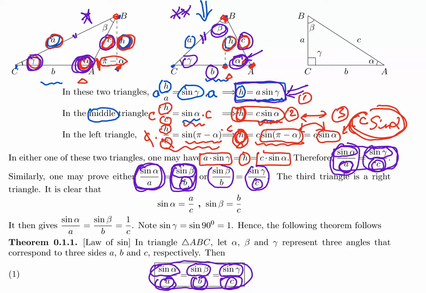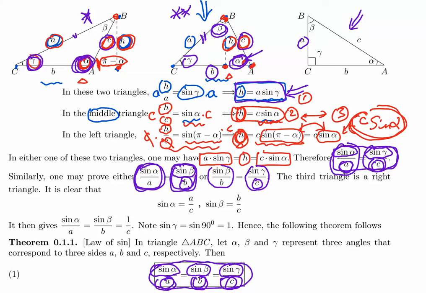You may wonder, how about if the triangle is a right triangle? That would be an easy proof. So you see, in this right triangle, we have a over c.